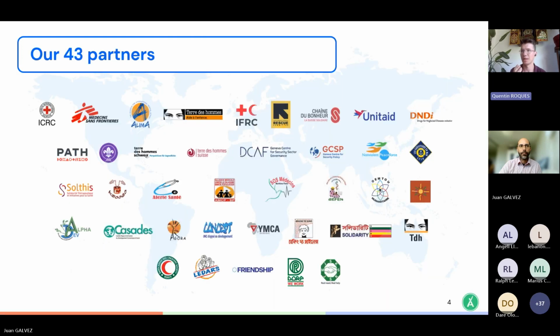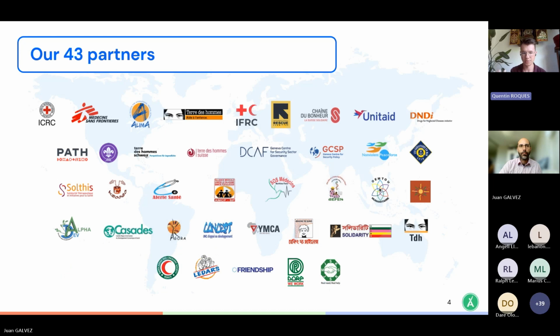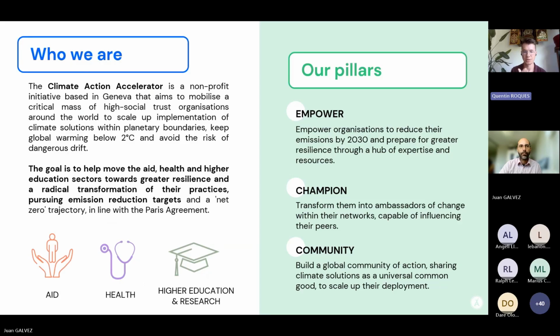And finally, to really present how the organization is organized right now, we have three strategic pillars. The first one is to empower, is really to give organizations the tool and the expertise to act, and so the HCC is part of those tools. And the second one is to champion, is to turn some organizations into ambassadors of change, so they can influence some of their peers or some of the networks.